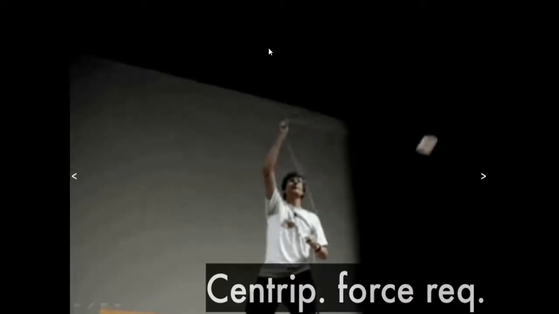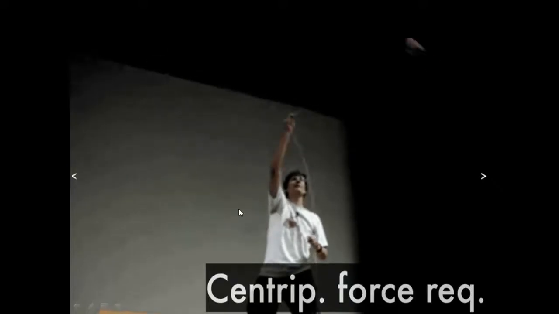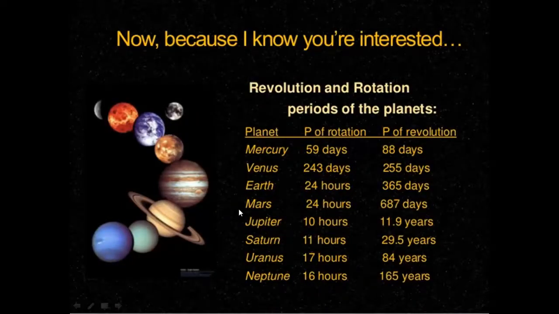As the distance between the center and the revolving planet increases, its revolution speed will decrease, its revolution time will increase. Okay, that's why Mercury, being the closest to the sun, has the minimal revolution time, and Neptune, being the farthest planet from the sun, has the maximum revolution time.